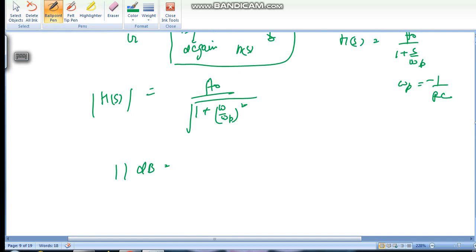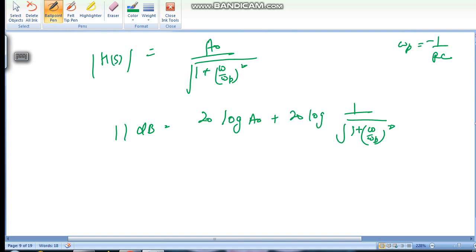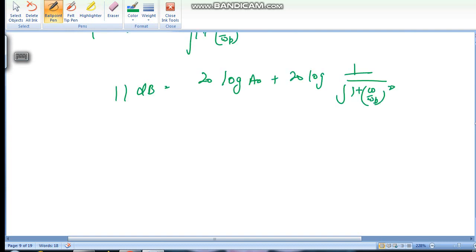So this is 20 log A naught plus 20 log of 1 by square root of 1 plus omega upon omega p squared. So this is our magnitude response.